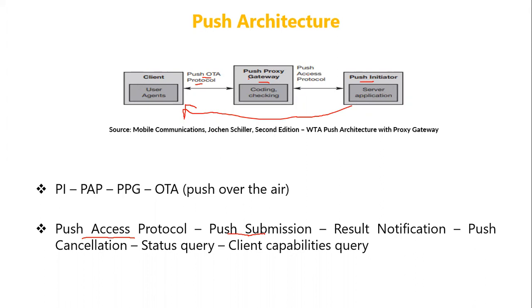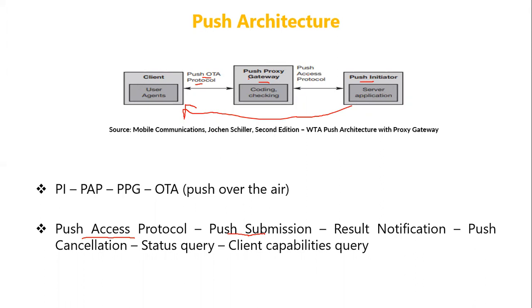The response indicates the initial acceptance or rejection of the forwarding request. So push submission means submission of a push message from the PI to the PPG, and the response indicates whether it is accepted or rejected.